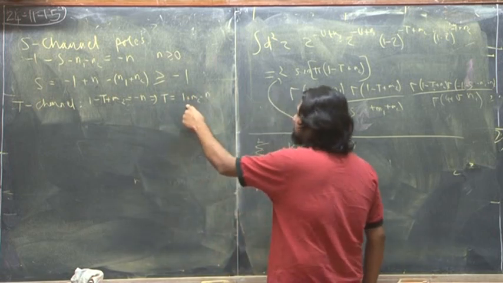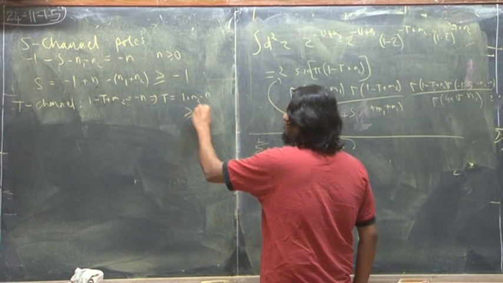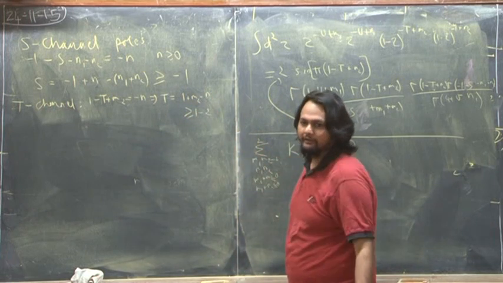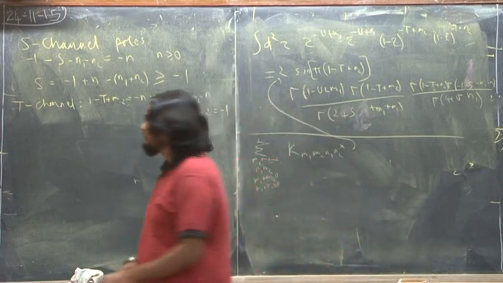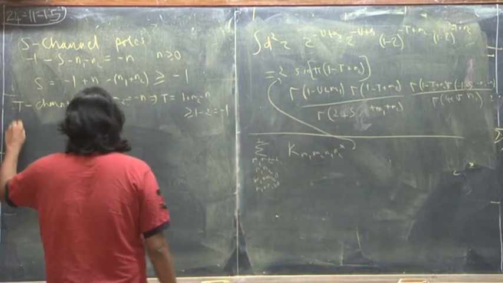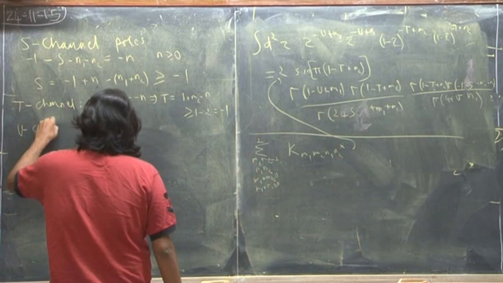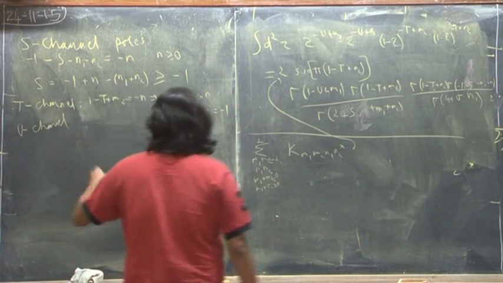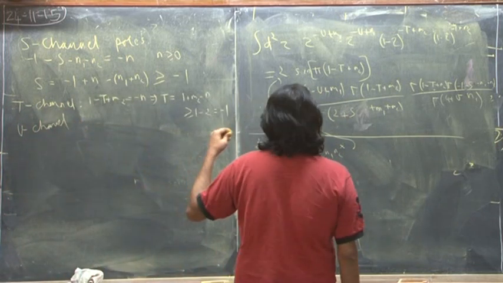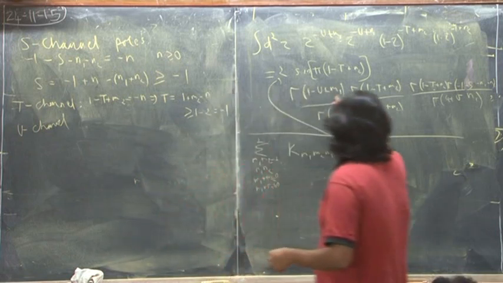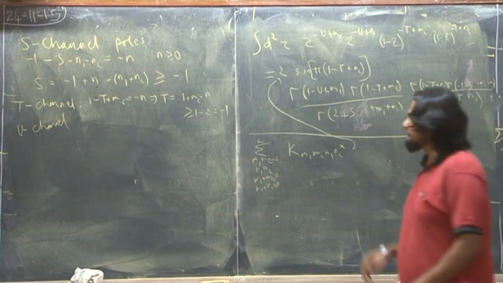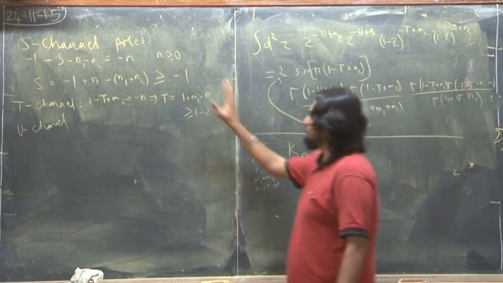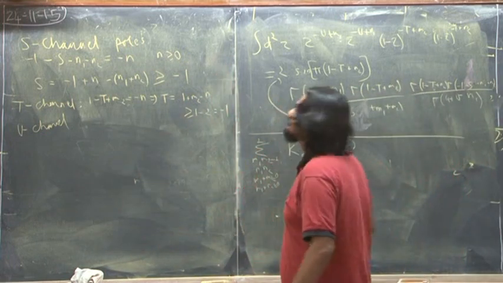So that's greater than or equal to 1 minus 2, because m2 can go all the way down to -2, so greater than or equal to -1. Similarly for the U channel, U channel is exactly the same as the T channel because of n1 and n2. So you can see that all of them have the correct poles.